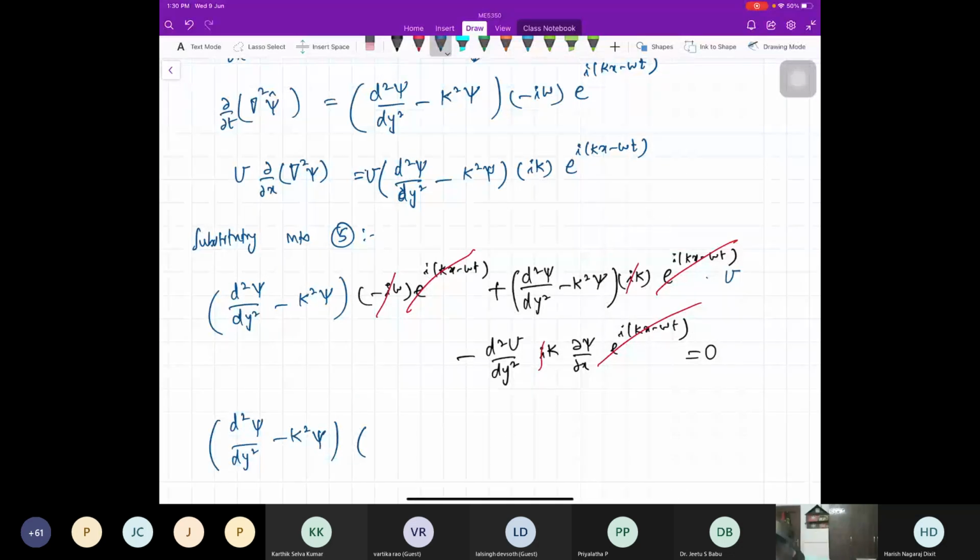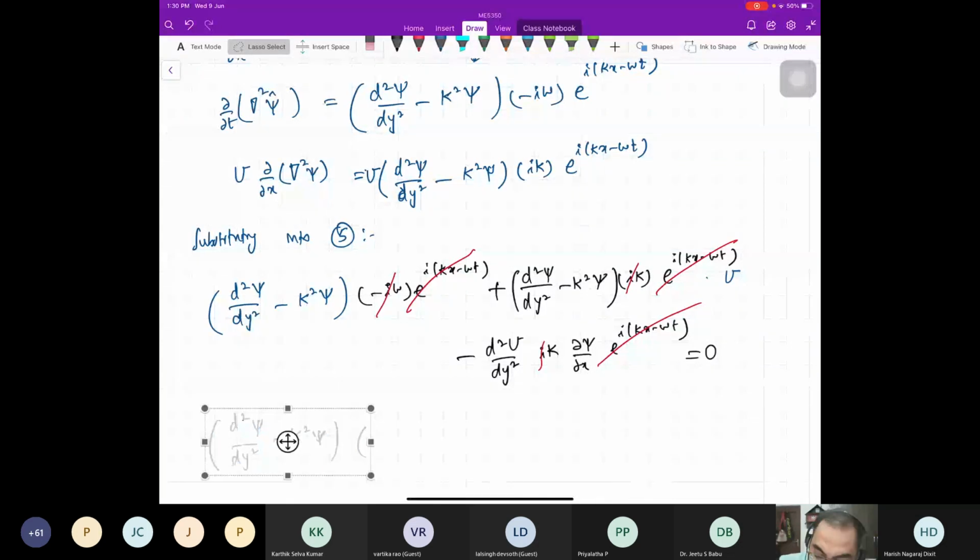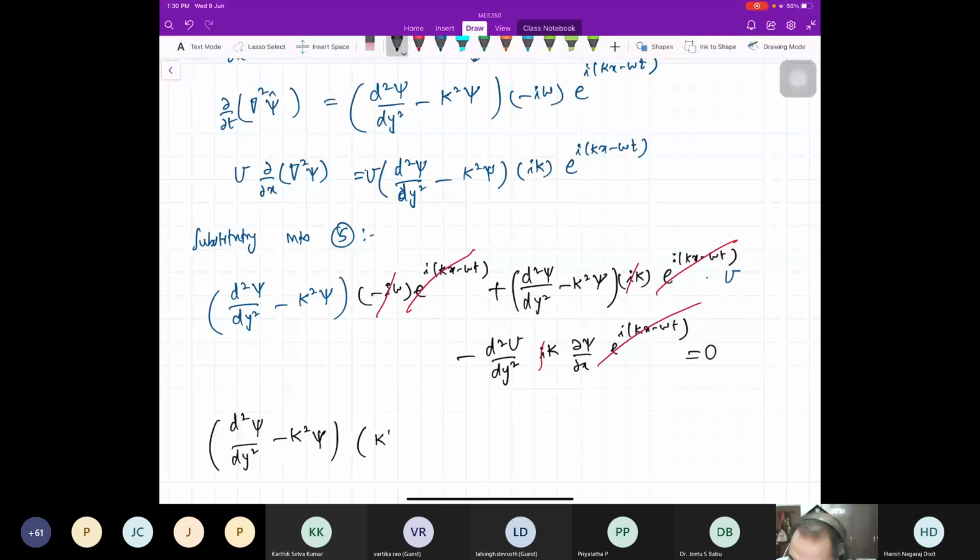If I take this u, I think I mixed up the colors, so let's write everything in black only. This will be k u minus omega, minus d square psi by dy square times k into del psi by del x is equal to 0.